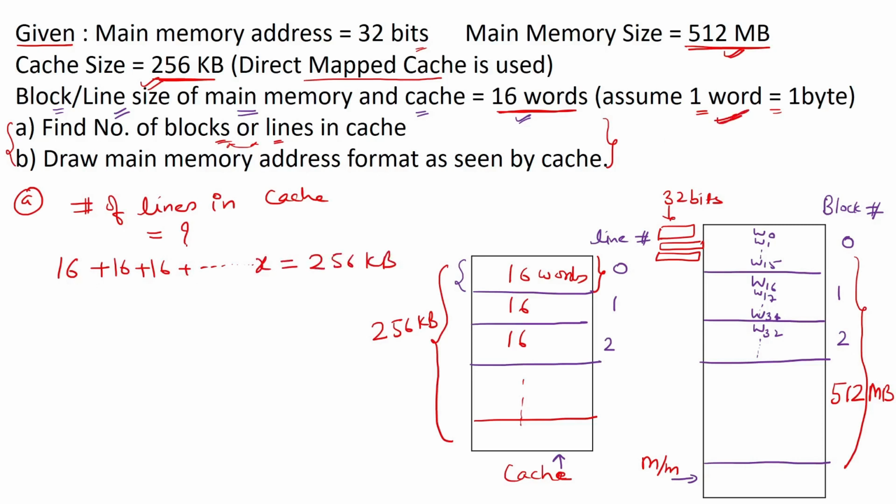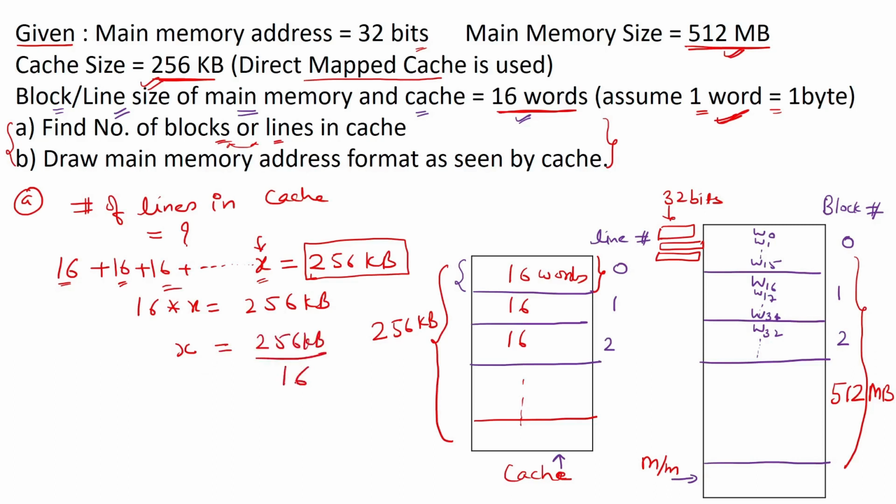Here you can assume 16 words means 16 bytes. So 16 multiplied by x is 256 KB, and x, which denotes the number of cache lines, is 256 KB divided by 16.